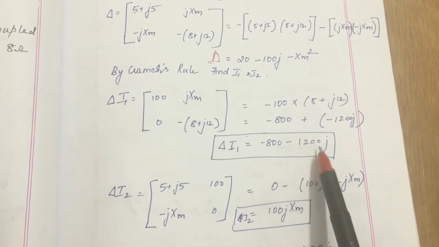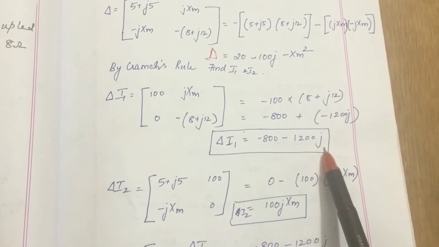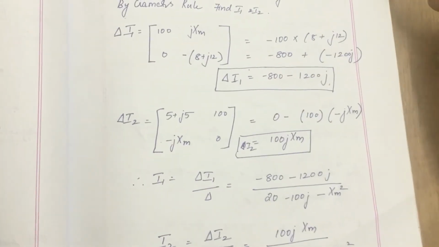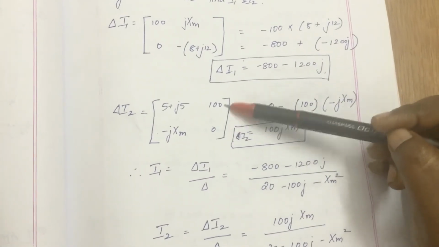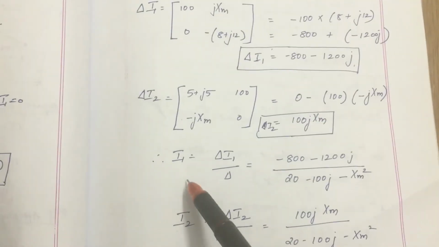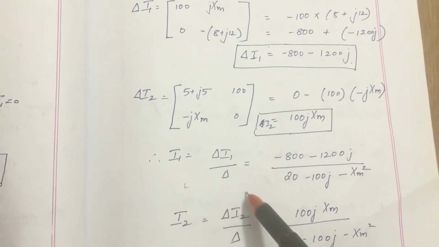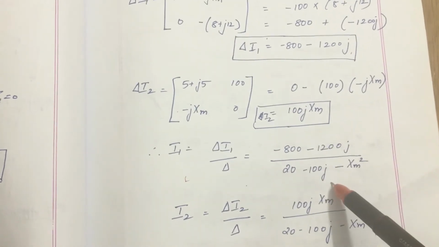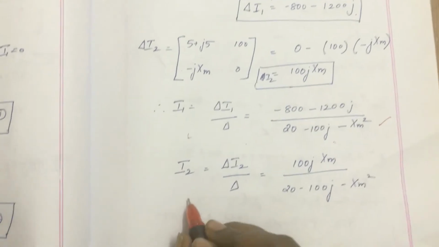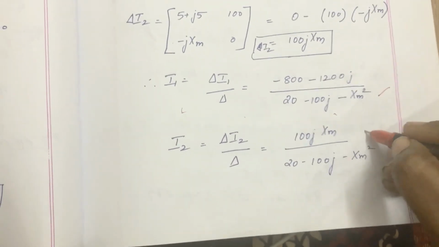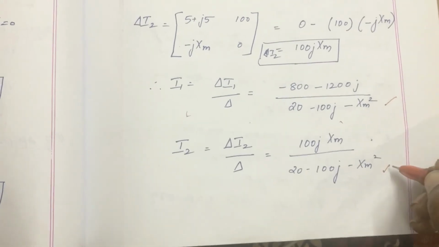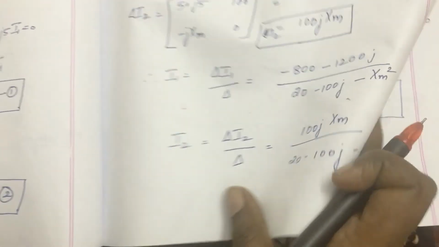Similarly, to find I2, I am going to apply this on my I2 side, and I have got my I2. So from Cramer's rule, I1 is equal to del I1 by del, and for I2, del I2 by del.